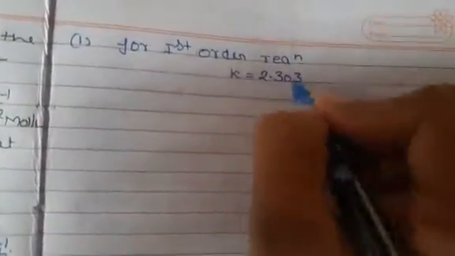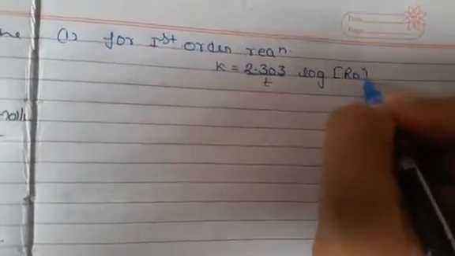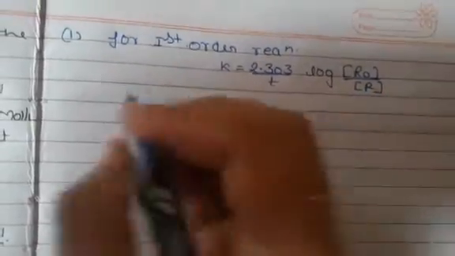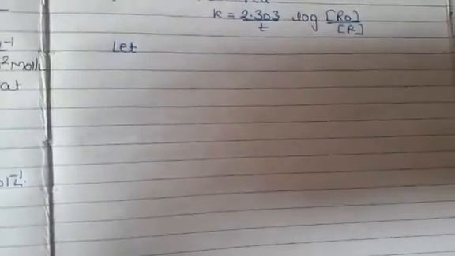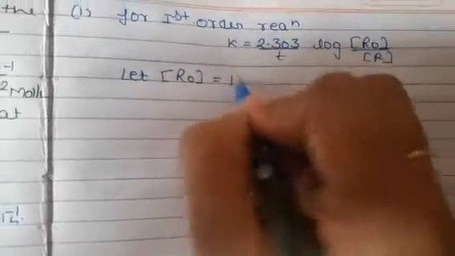Okay, students, first we know that for first order reaction, K equals 2.303 upon T log R0 upon R. Okay, students, let R0, means initial concentration, equal 100.